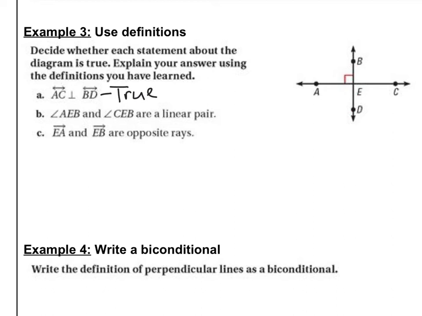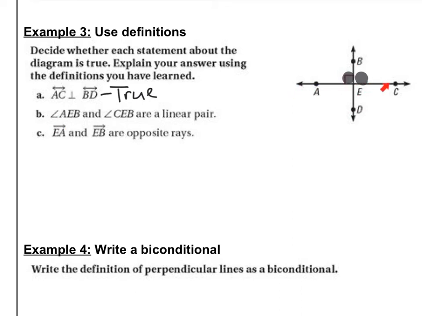lines. All right. What about letter B? Angle AEB and angle CEB are a linear pair. So we have AEB, which would be located right here, and then we also have CEB, which would be the one right next to it. Are they a linear pair? I mean, if we look at it here, there's a couple of ways to approach this.